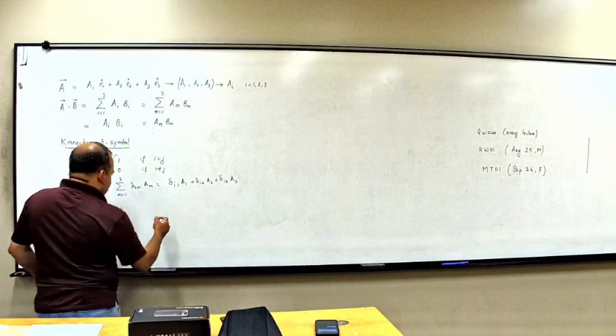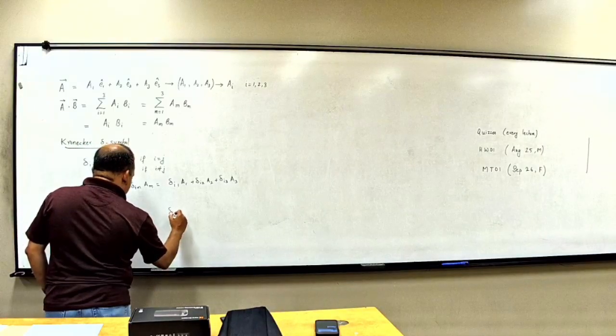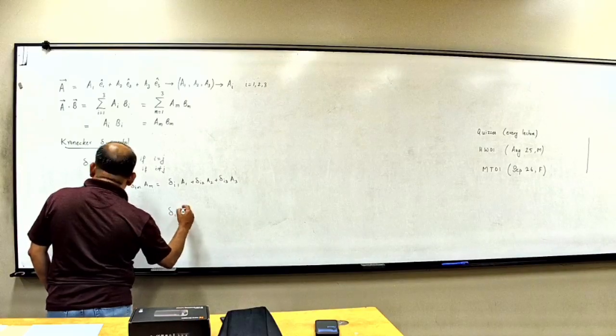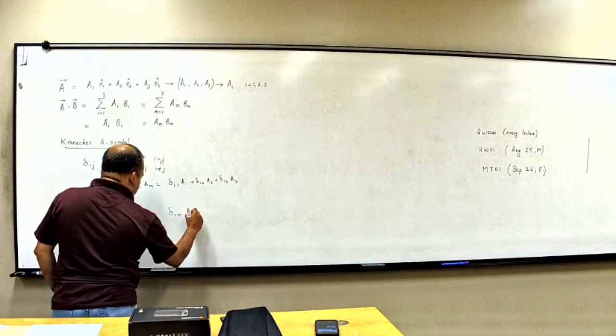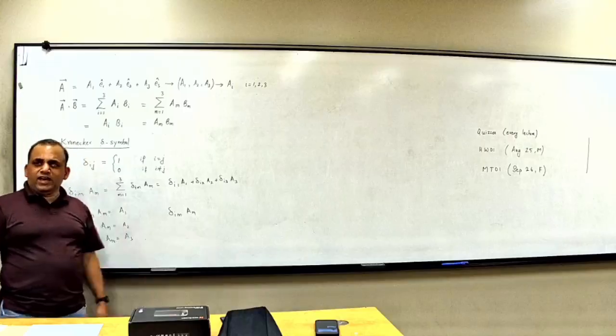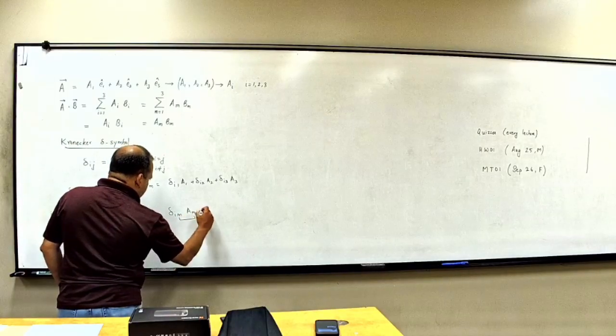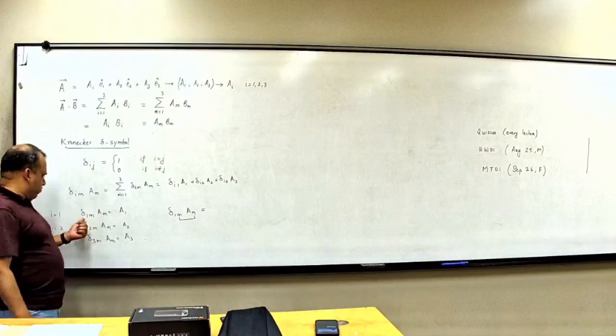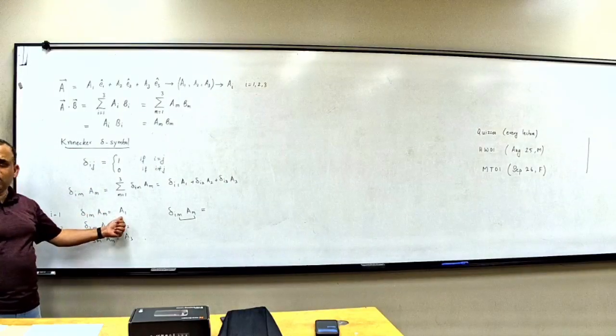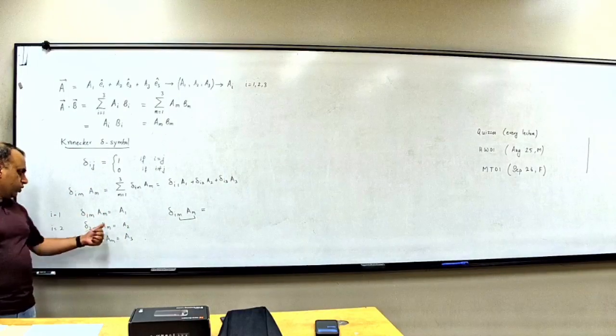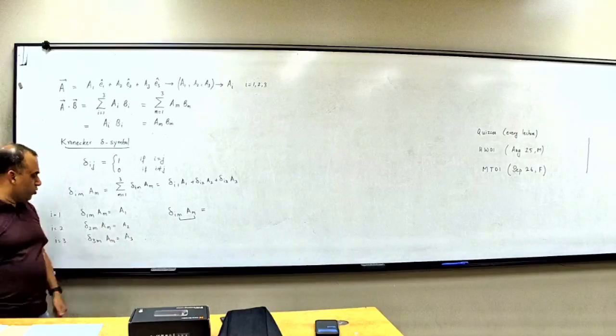What is eventually what you want to pick up is that whenever you have a Kronecker delta coming with another variable, this involves a contraction, and notice δ1m gave you a1, the second one gave you a2, the third one gave you a3.